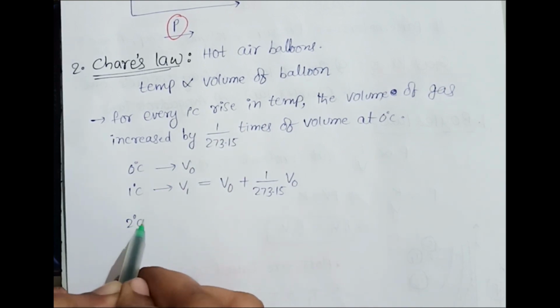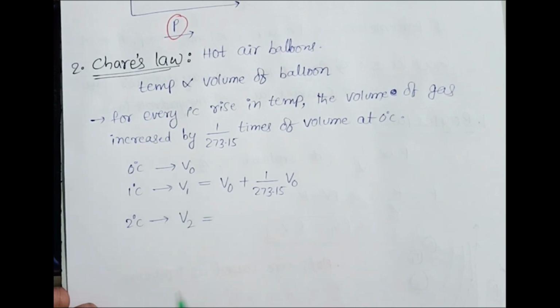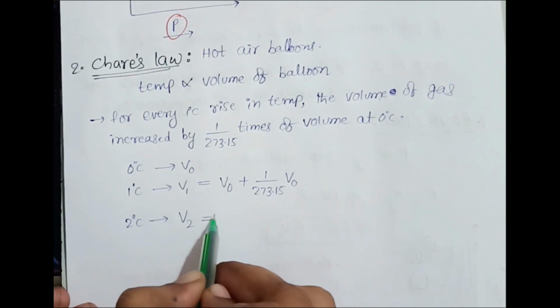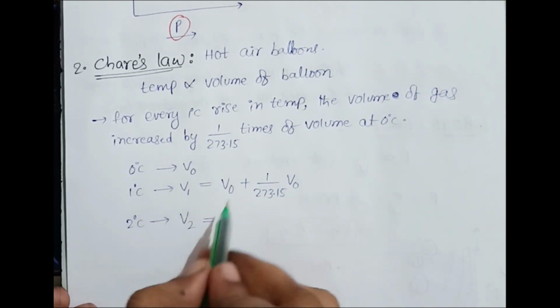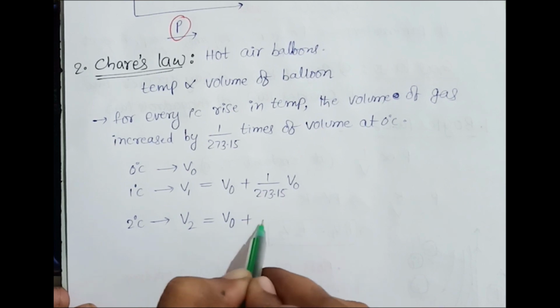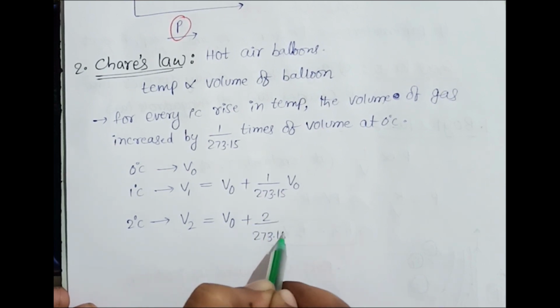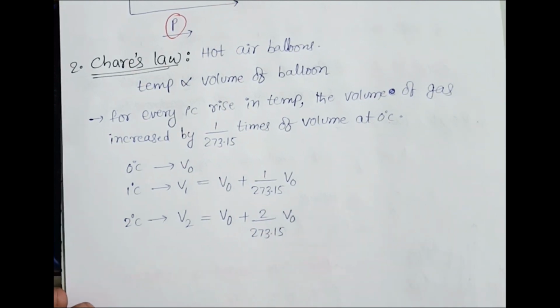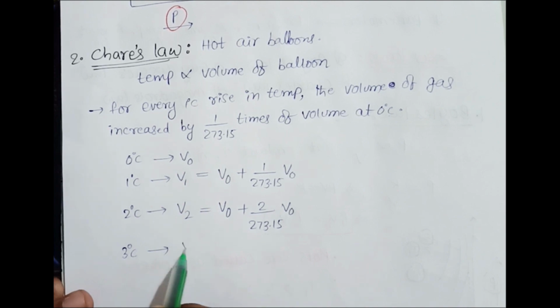Now suppose temperature is 2 Celsius, volume will be V2, which is equal to, what will come? Any guess? You have to compare with the volume at 0 Celsius. So V0 plus 2 by 273.15 times of V0. Now 3 Celsius, it is easy for you now.